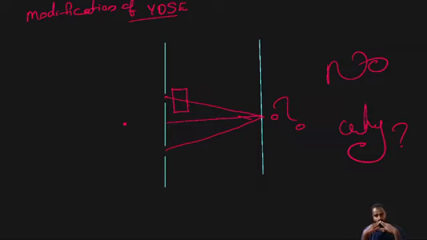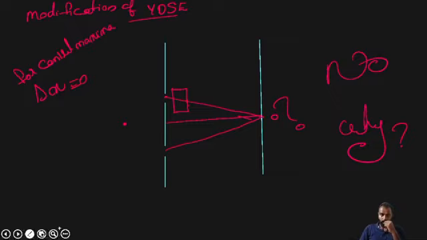No. Then the next question you should have asked is why. What was the condition for central maxima? Delta x should be 0 for central maxima. Delta x should be 0.